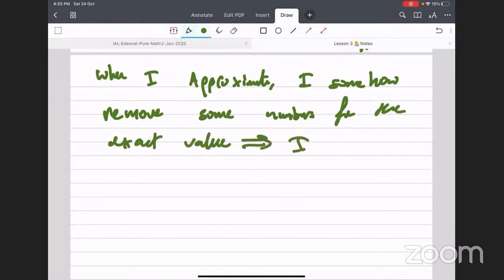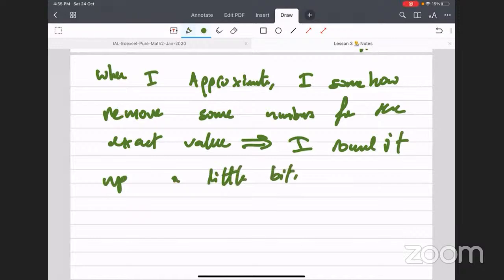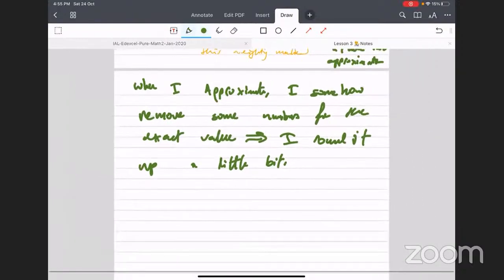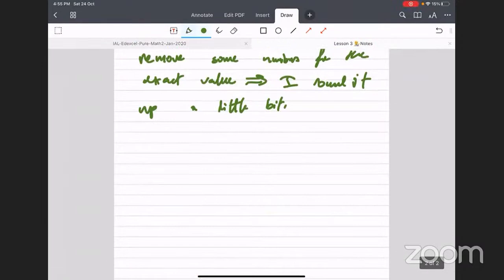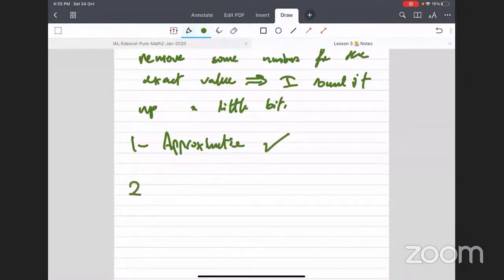So basically I round it up a little bit. Okay, so we understood accuracy and approximation. Rounding.